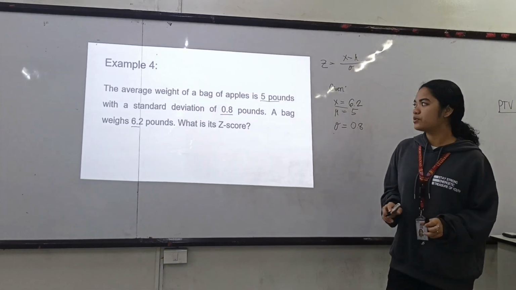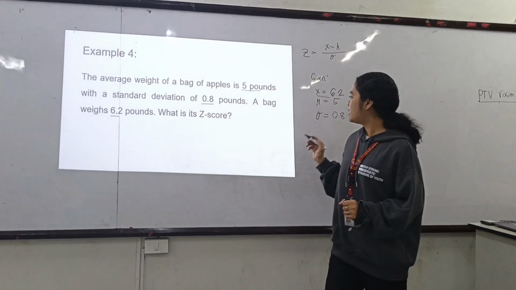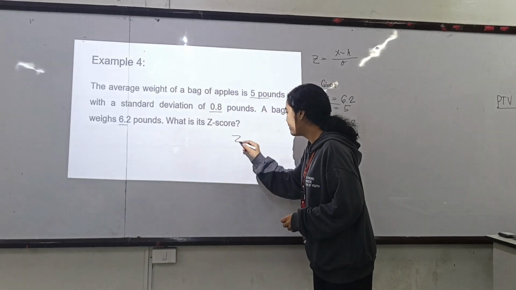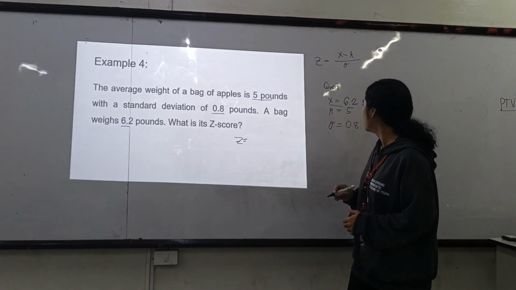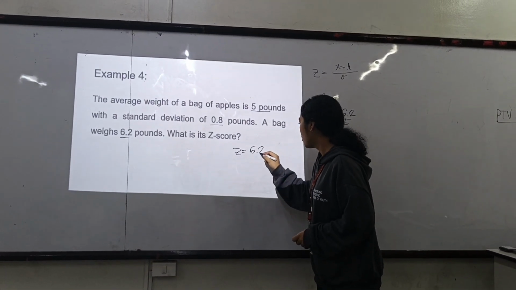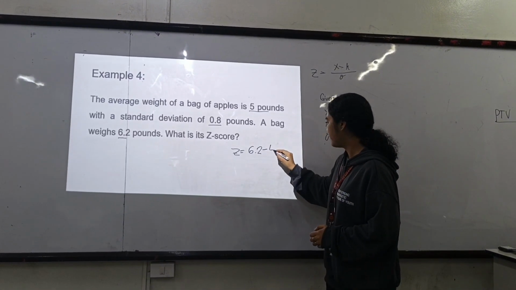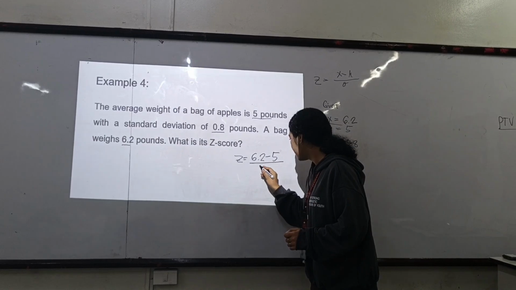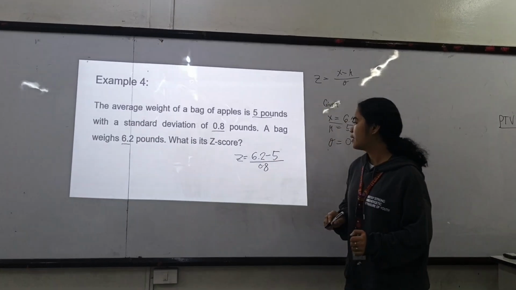So next, we need to substitute the given values to the formula. So z is equal to 6.2 minus 5 divided by the standard deviation 0.8.